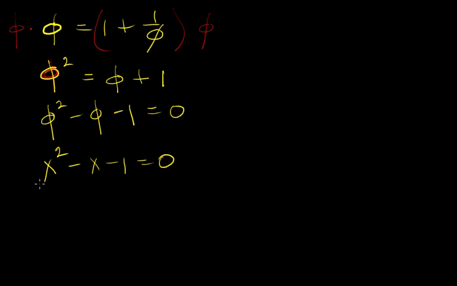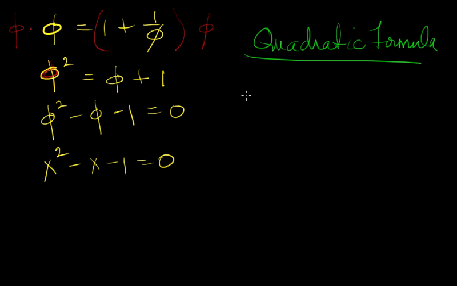That means that phi is a solution to this quadratic equation, x squared minus x minus 1 equals 0, which, you remember from high school, has two solutions. And let's recall the quadratic formula. Let me write it down here. If you don't remember this, that's fine, but you will have seen it before, so it'll ring a bell and you'll believe it.